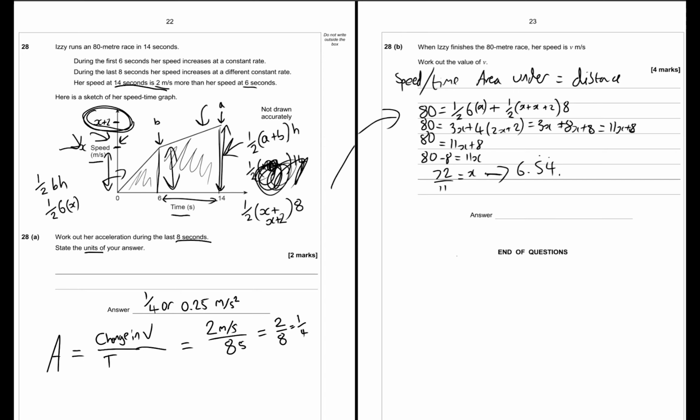So we just need to add 2 to what we got. So we need to do 6.54 plus 2, and that's going to give us our answer, which is going to be 8.54. And then put that in the final box, and we are done.